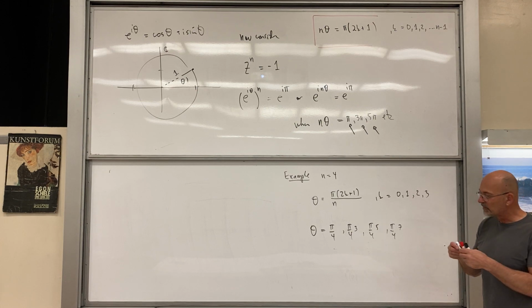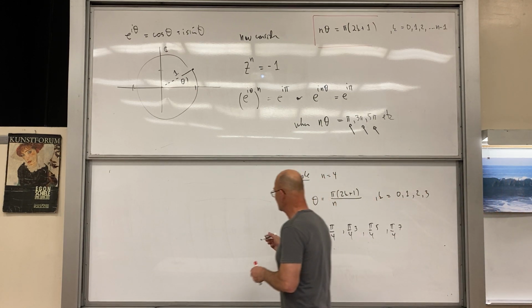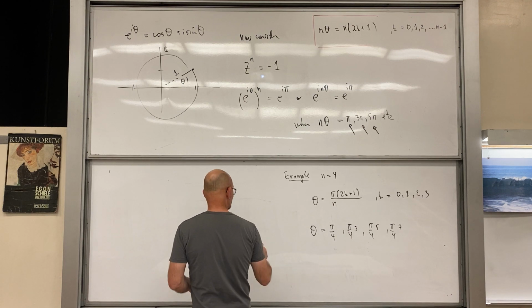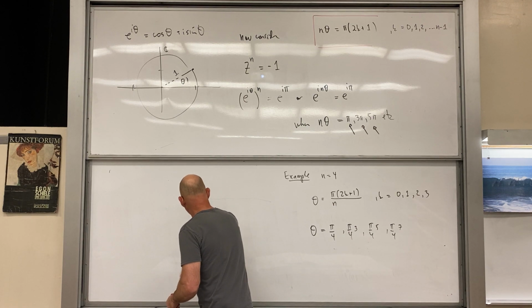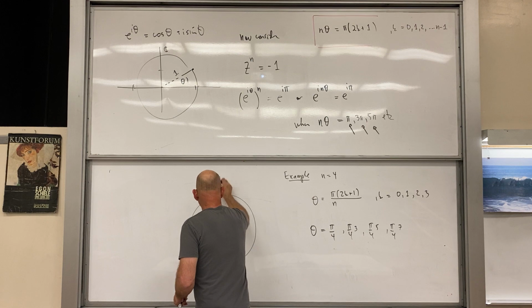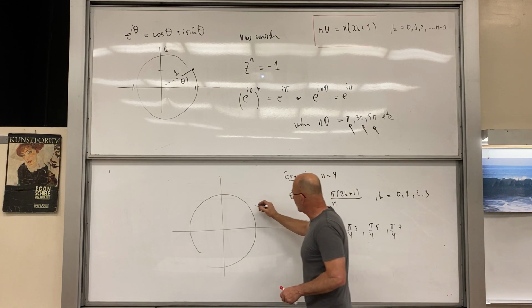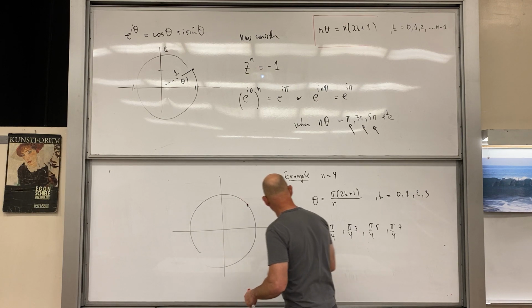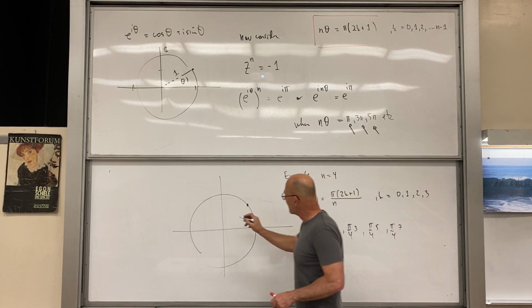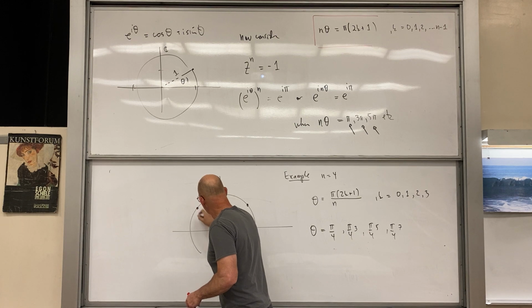Now let's locate those on the unit circle. Here's the unit circle, pi over 4, 3/4 pi right here.